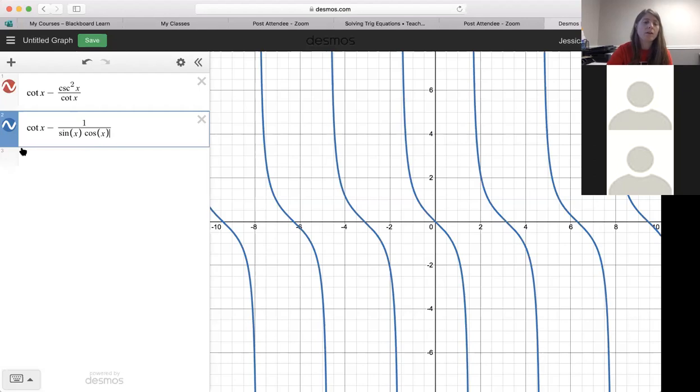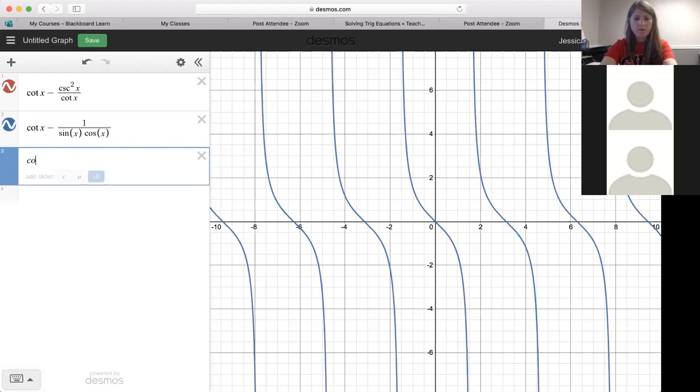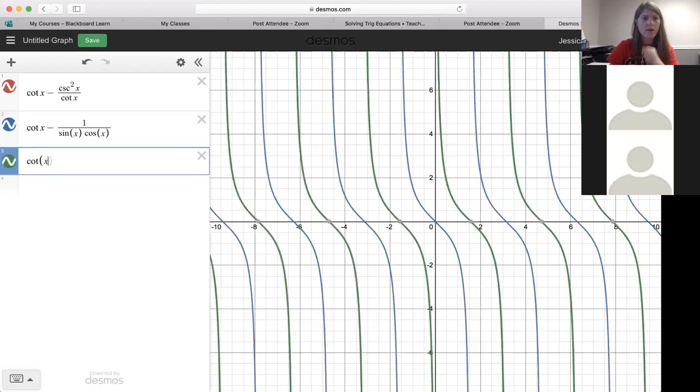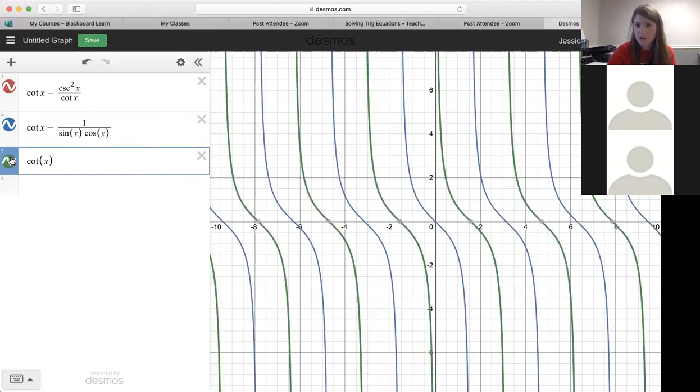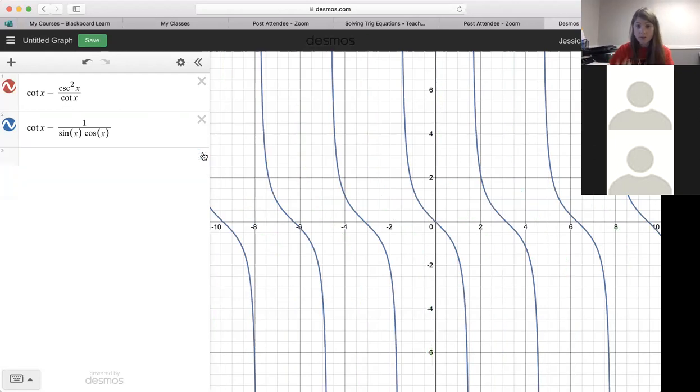Now it was really interesting on this one that when I took away this part, this graph actually almost lines up with a cotangent graph in general. It's almost like a shift of a cotangent. In other words, very similar in shape. All right, so what this tells me is even though it maybe wasn't what I was expecting, we're good to proceed.